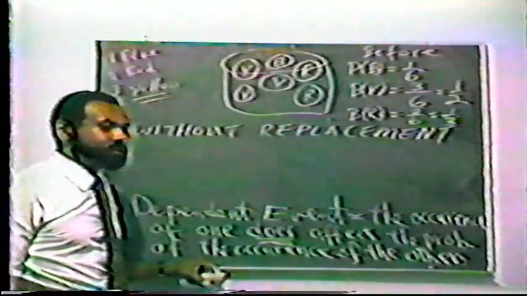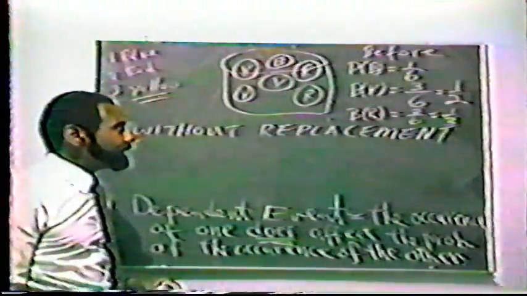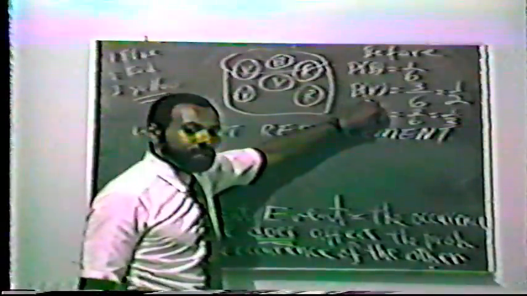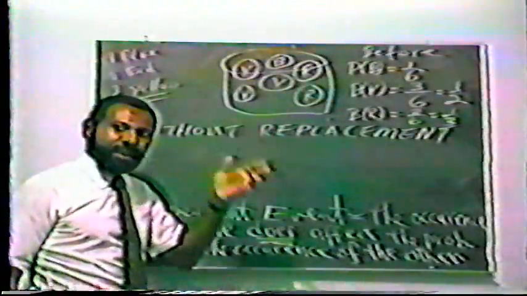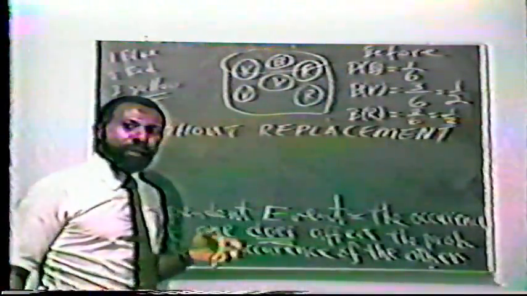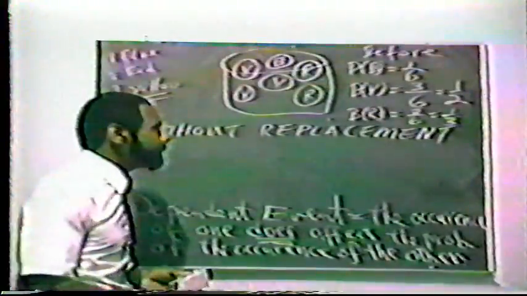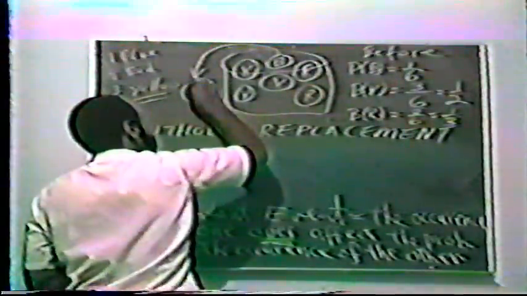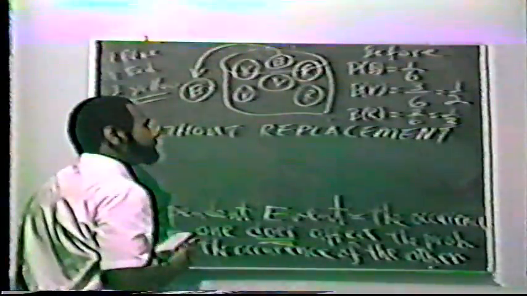Now, watch what happens to the probabilities of getting a yellow ball and of getting a red ball once the event of getting a blue ball has occurred. Now, we're taking the blue ball out.